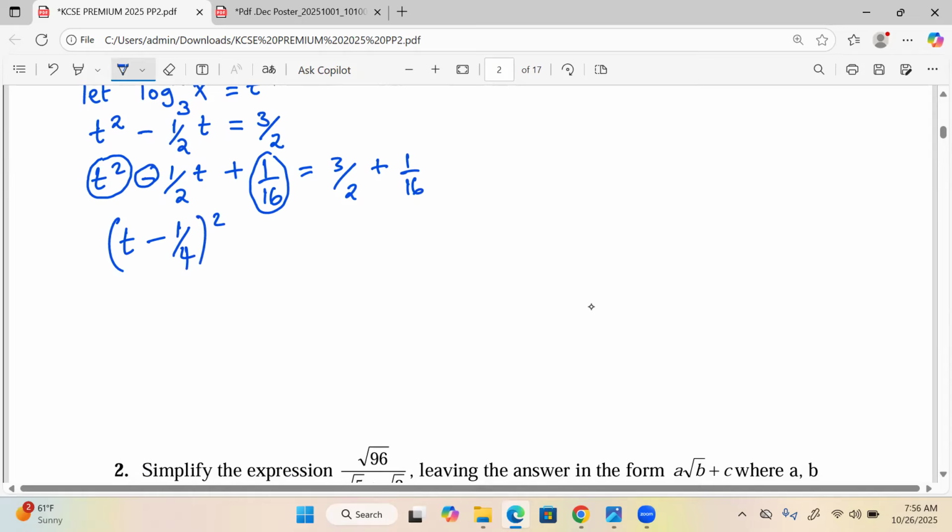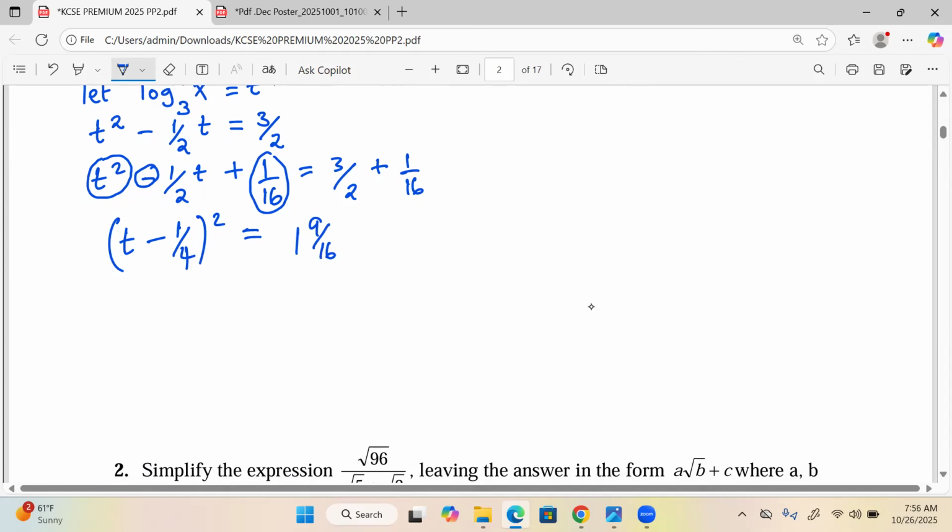You see? This is now the factorized perfect square. Equals, we combine on the right-hand side, 3 over 2 plus 1 over 16. You know, this gives us 1 and 9 over 16.